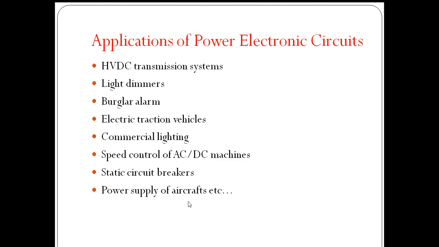Along with this, these are used in power control in chemical processing using electrochemical processes such as electrolysis, and power control in metallurgical processes using electrothermal processes such as electro arc melting, arc welding, induction heating and melting, resistance heating, etc. And the last one is power supply of aircrafts, space shuttles, and satellites.